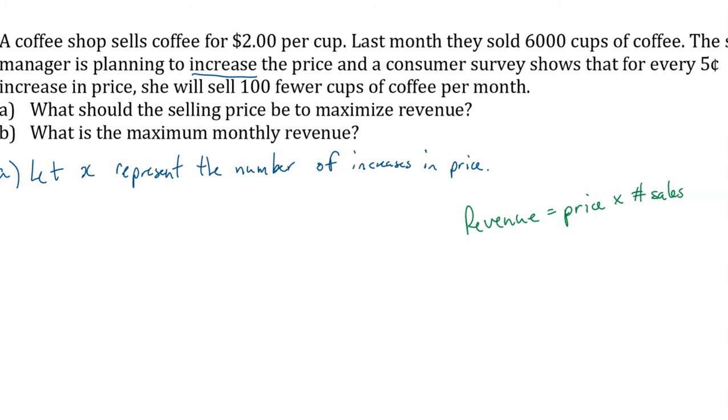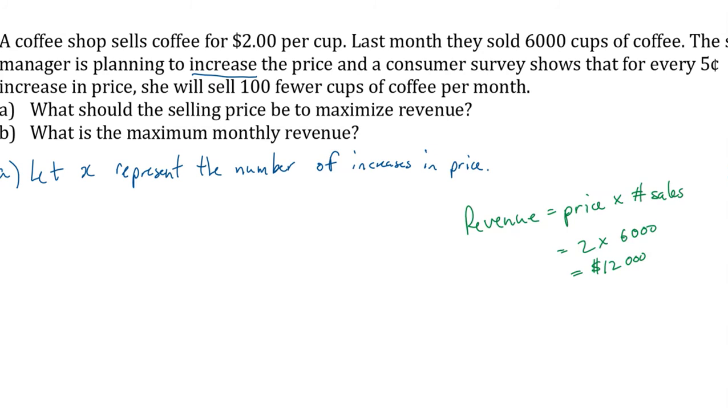So the original revenue was $2 times 6,000, which was $12,000. That's the revenue. Now, every cup of coffee costs money to make, so they don't get to keep all of that. But that was the revenue, $12,000 on coffee.